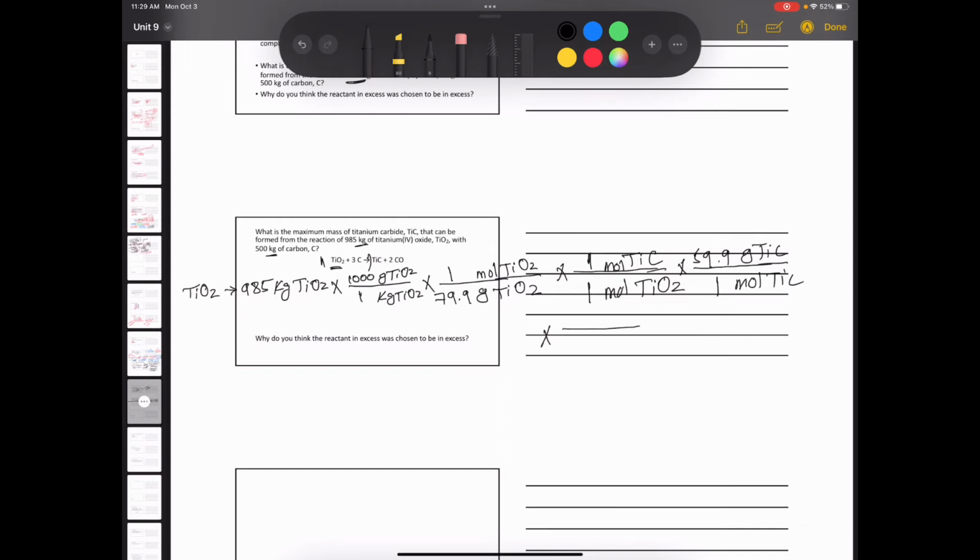Okay, so I have kg titanium carbide, and I have grams of titanium carbide. I have 1 and I have 1,000 based on my metric conversion. Okay, let's cancel out the units here just to make sure that we're going to end up with kg of titanium carbide.